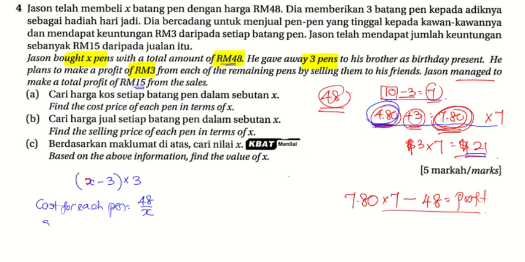So when you sell at 3 ringgit extra, that will be 48 over X plus 3 ringgit. So each pen, how many pens do you sell? X minus 3.